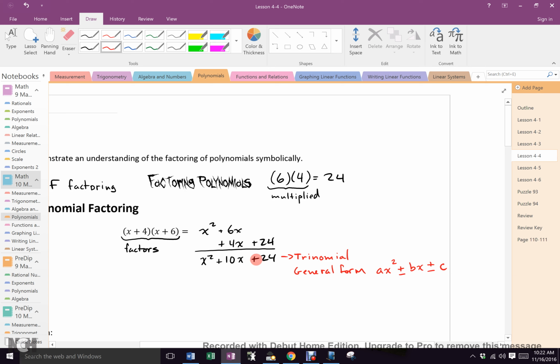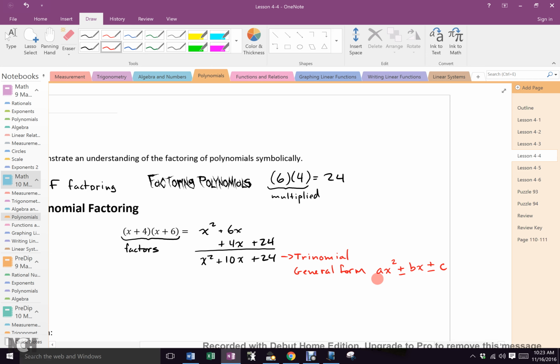And you can see that follows this, doesn't it? There's an x squared, an x, and a constant. Does it have to be x? No, it could be y, could be m, could be a lightning bolt, doesn't matter. Okay, everybody cool? Everybody good?